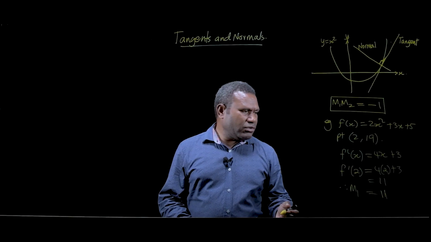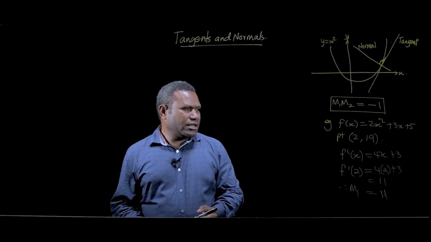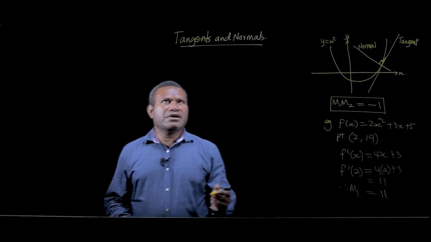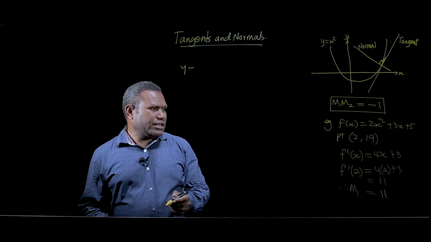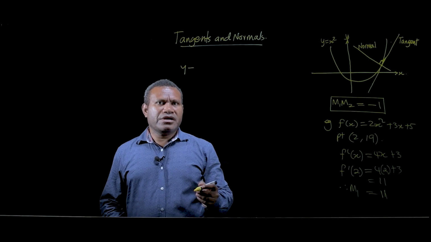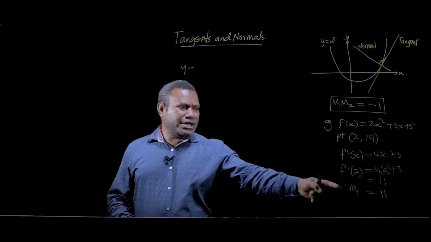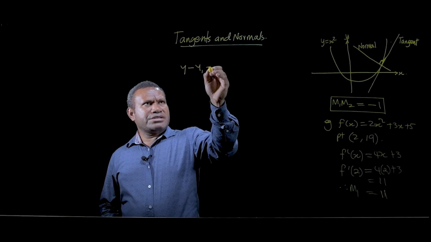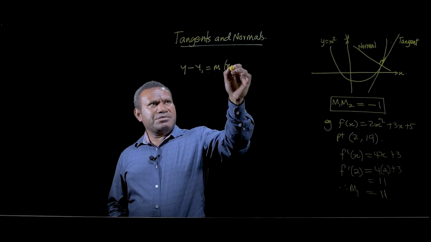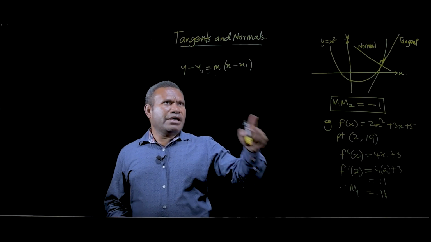Given the gradient of this tangent, how do we calculate its equation? From our knowledge from grade 11 coordinate geometry, if given one point and a gradient, we can use this formula: y minus y1 is equal to m times x minus x1. We substitute the point given and the gradient.